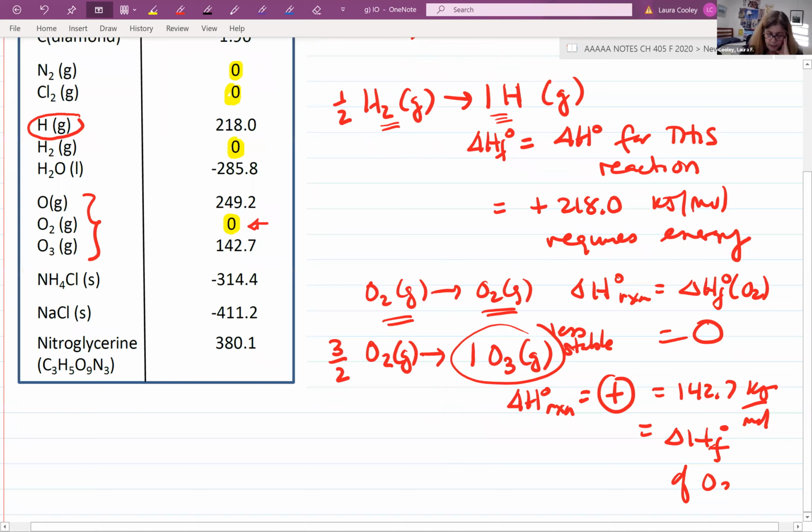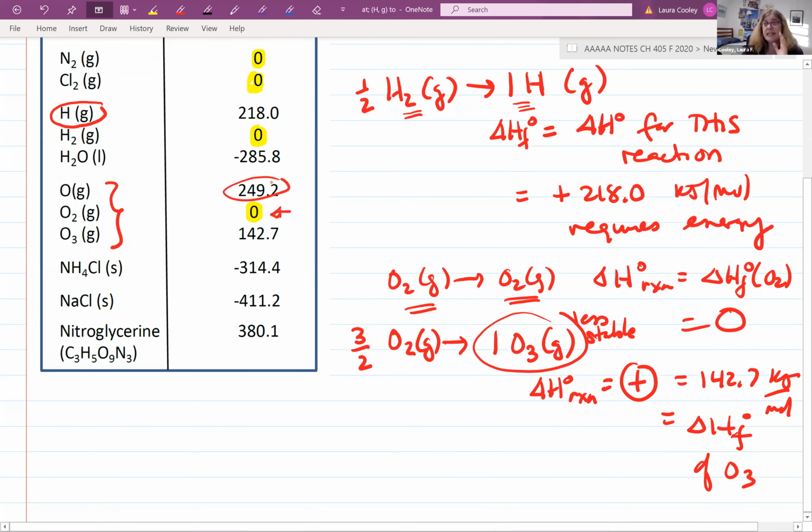Okay. And O atoms are even less stable than ozone. So if I started with O2 and formed 2 O, actually I better end up with 1 and start with 1/2, because I have to end up with 1 mole of the thing I'm forming.